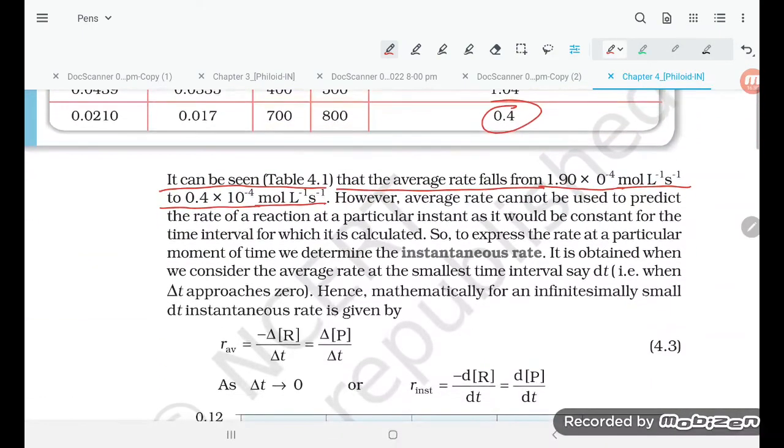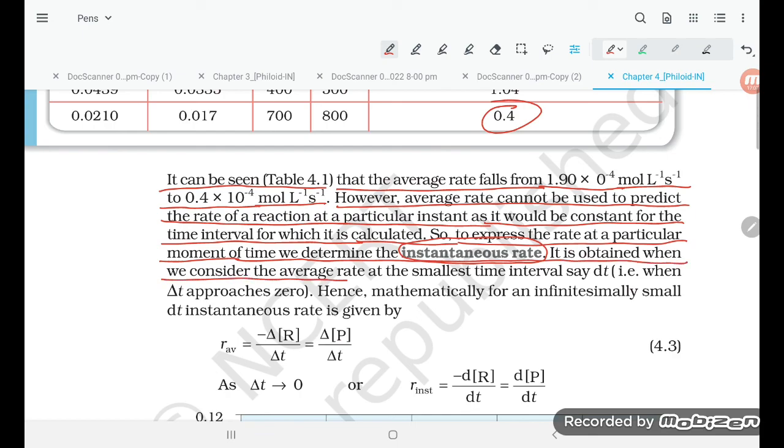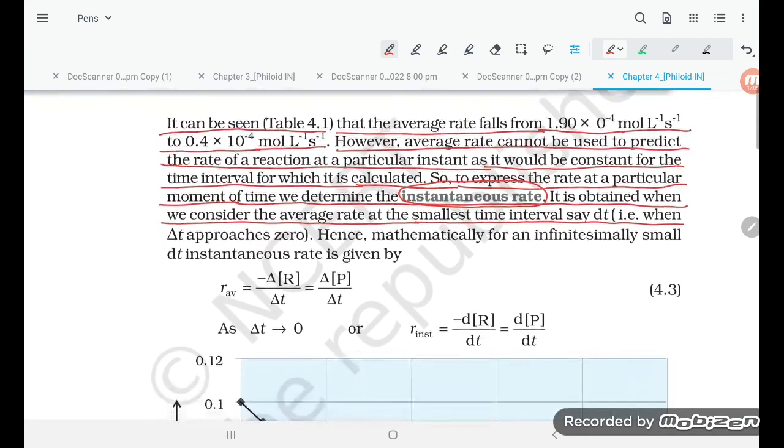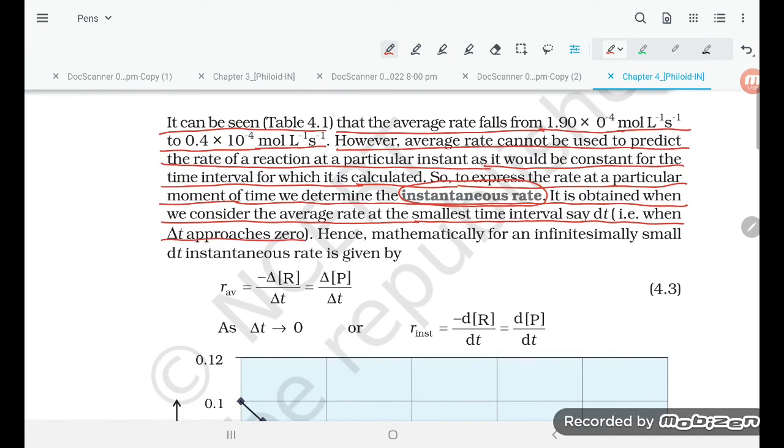However, the average rate cannot be used to predict the rate of reaction at a particular instant, as it would be constant for the time interval for which it is calculated. So to express the rate at a particular moment of time, we determine the instantaneous rate. It is obtained when we consider the average rate at the smallest time interval, say dt, that is, when delta t approaches 0.